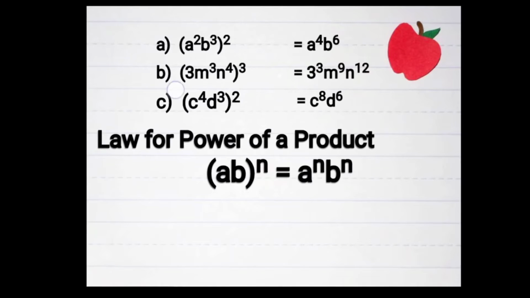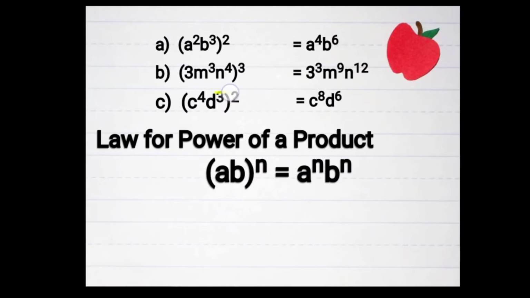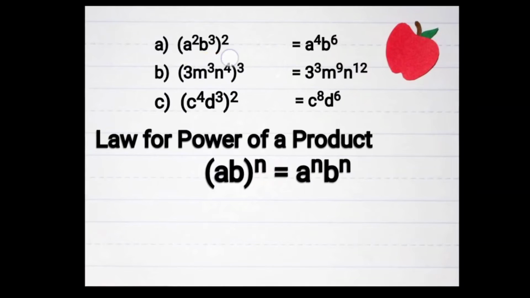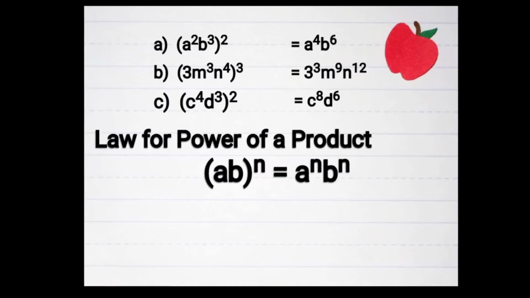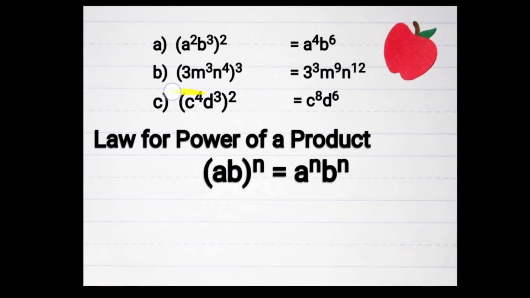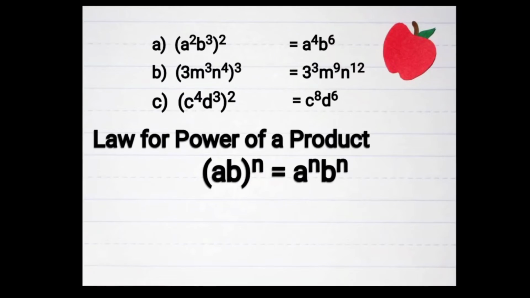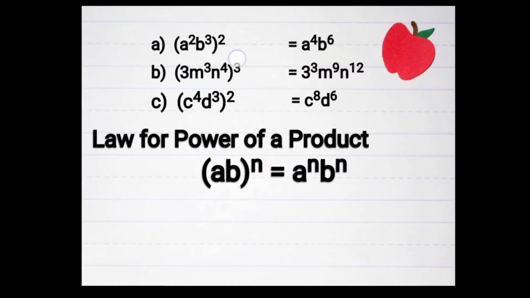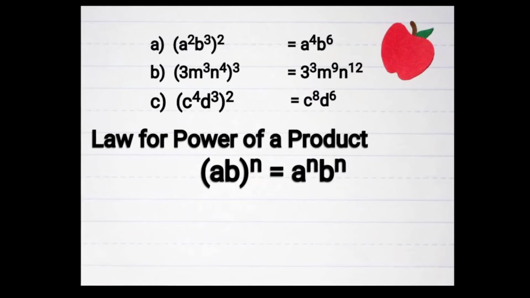Next, as you can see, we have 3 times m cubed times n to the fourth power, cubed. What you are going to do is multiply that exponent outside the parentheses. And we all know that the exponent of 3 is 1 because there is no visible exponent for it. So 3 raised to 1. Copy the base 3, then 3 times 1 is 3. That's why the exponent now of 3 is cube.